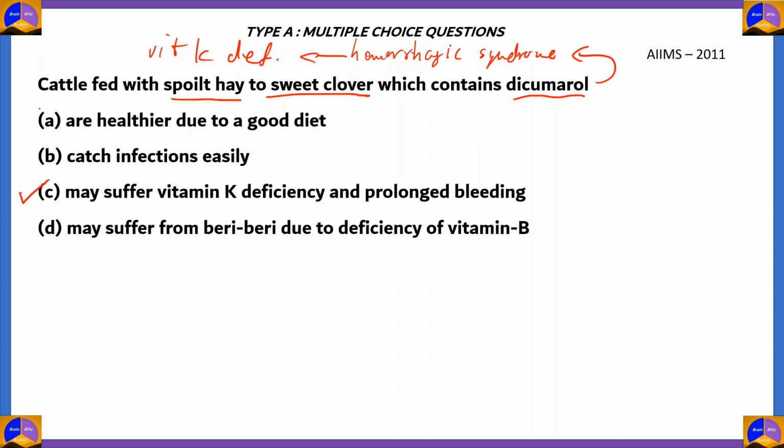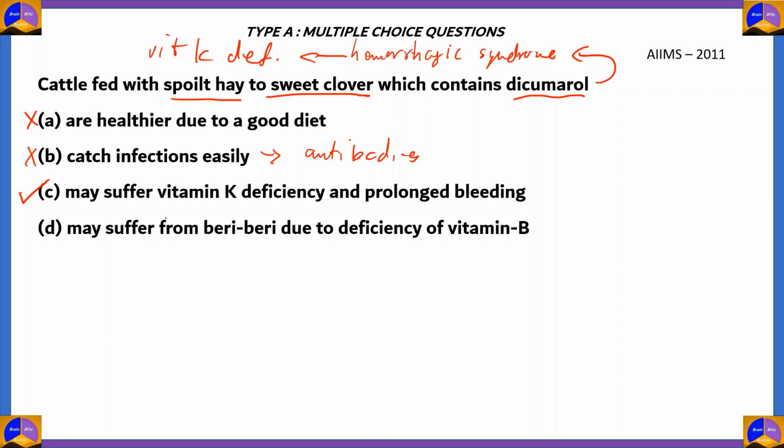Option A is downright incorrect because hemorrhagic syndrome is not a part of healthy cattle. Option B, catch infections easily, is incorrect because cattle, like humans, also have antibodies in them.